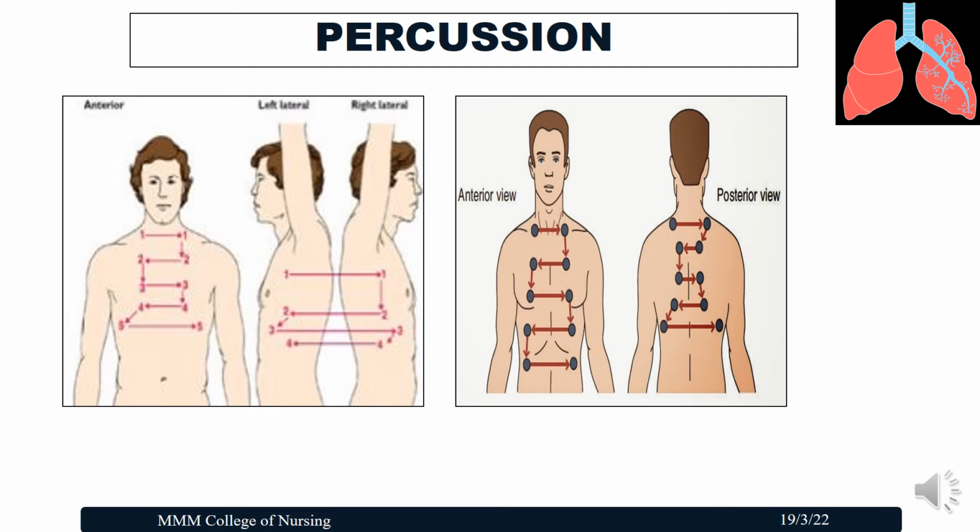Anteriorly, we start from right above the clavicle and move in a zigzag manner, striking the thoracic cavity to elicit the density of the underlying lung tissue, whether it is solid or filled with air or fluid. So percussion should be done anteriorly, posteriorly, and on the lateral surfaces.